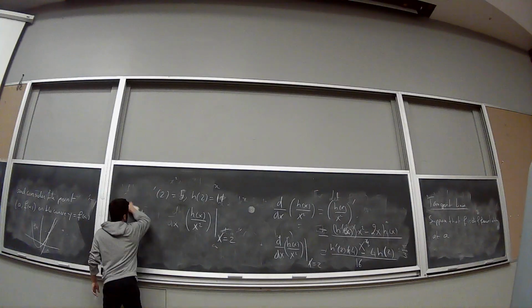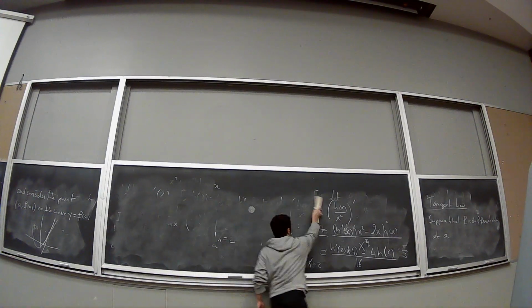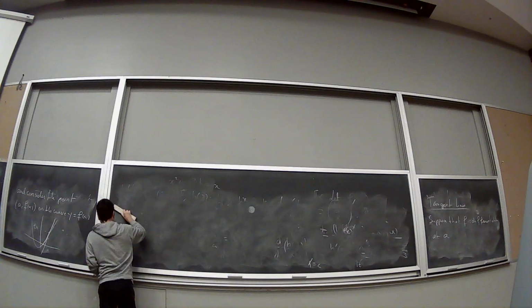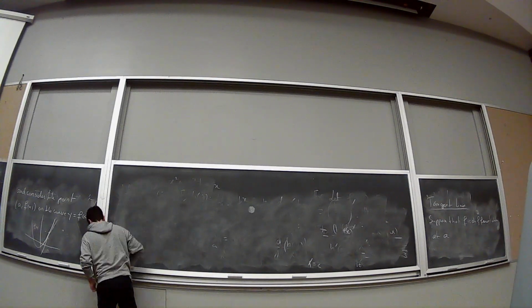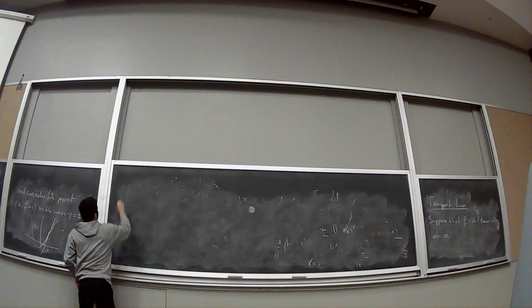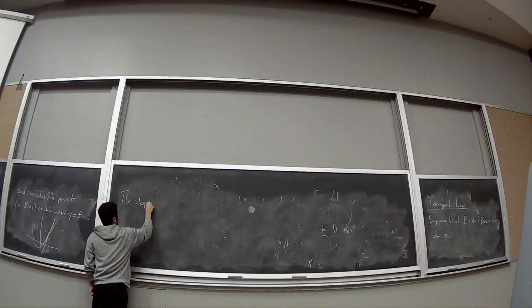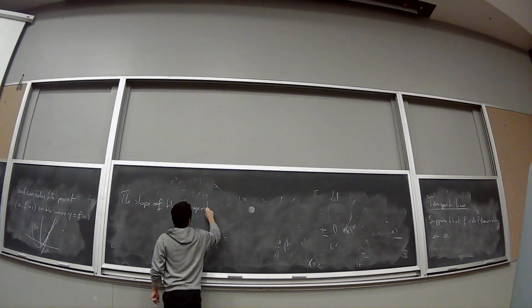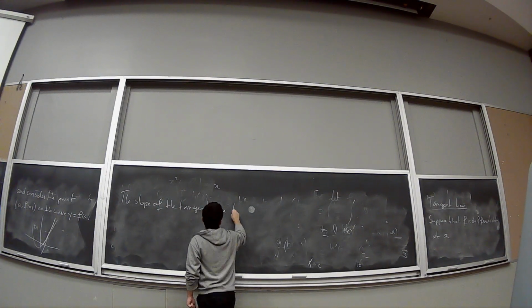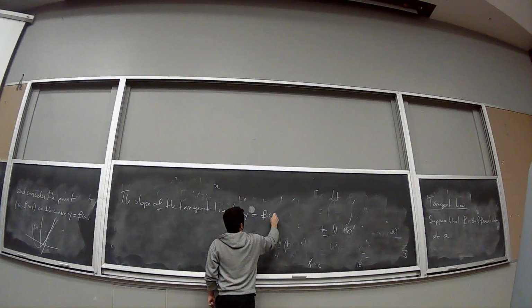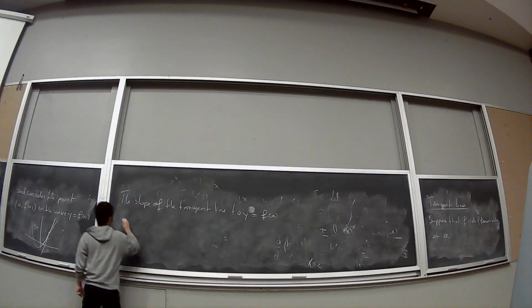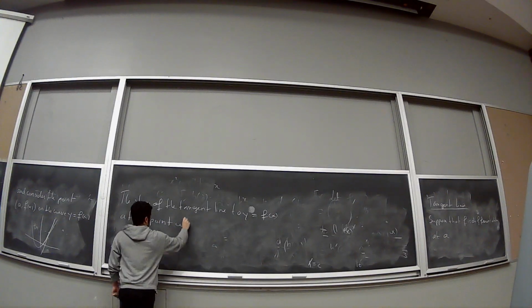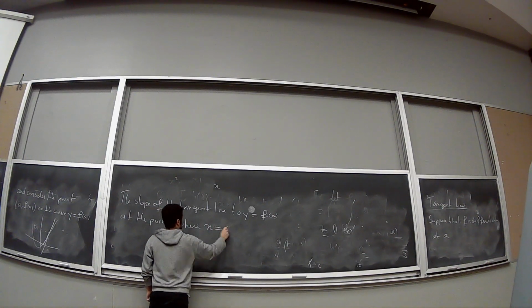The slope of the tangent line to y equals f of x at the point where x is equal to a.